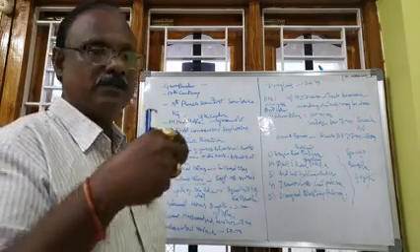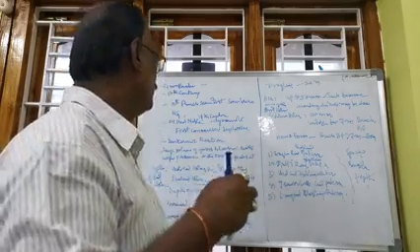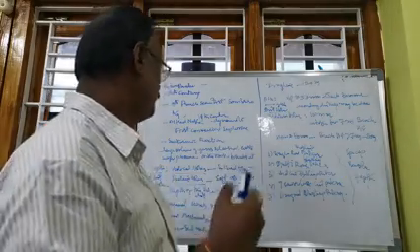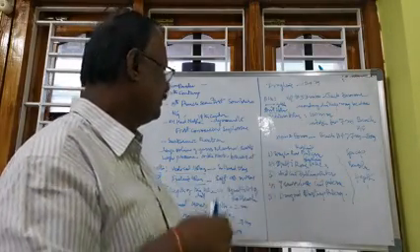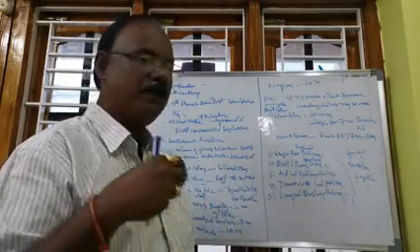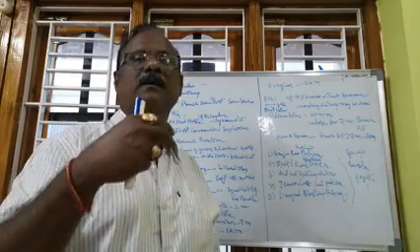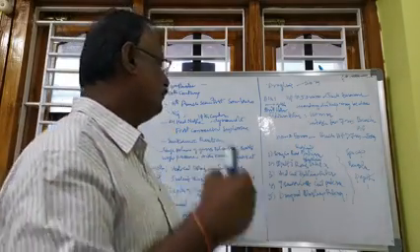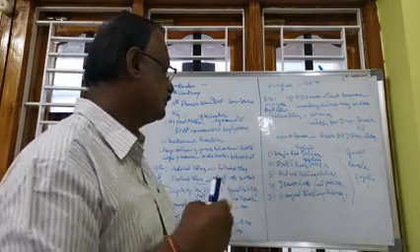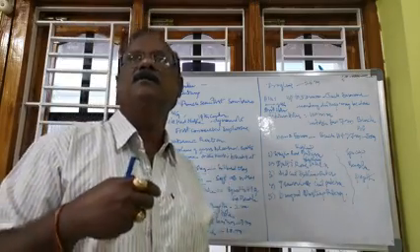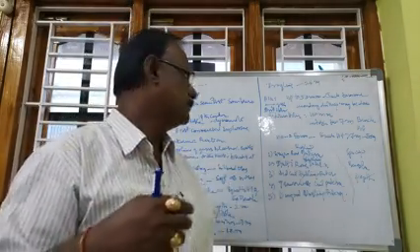There are different types of drill holes: vertical holes and inclined holes. And there are different blasting patterns: single row blasting pattern, multi row blasting pattern, bridge cut blasting pattern, transverse cut blasting pattern, diagonal blasting pattern. Different types of blasting patterns are there.